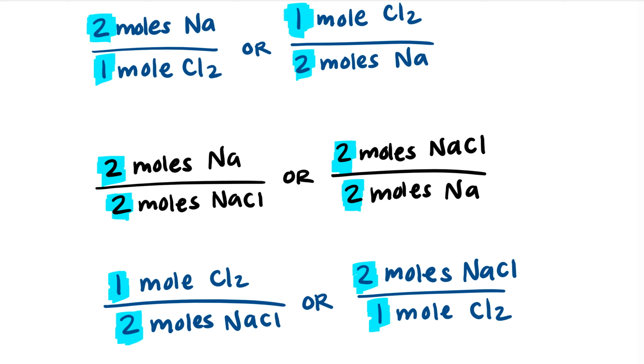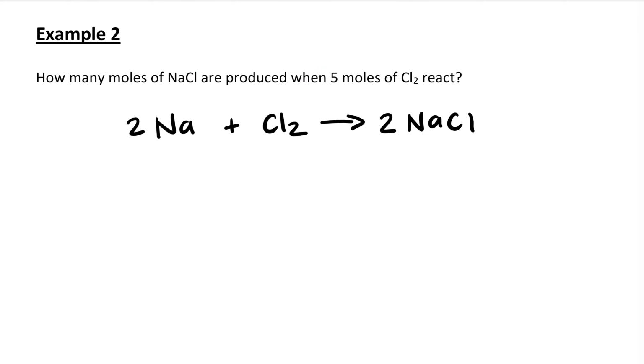Once we get really good at this, we're not going to have to write out all the possible fractions, but we're doing this here for our first example so you see how the coefficients are used as unit conversions and how we can take those conversion factors and rewrite them in these fraction forms, and then use them in dimensional analysis.